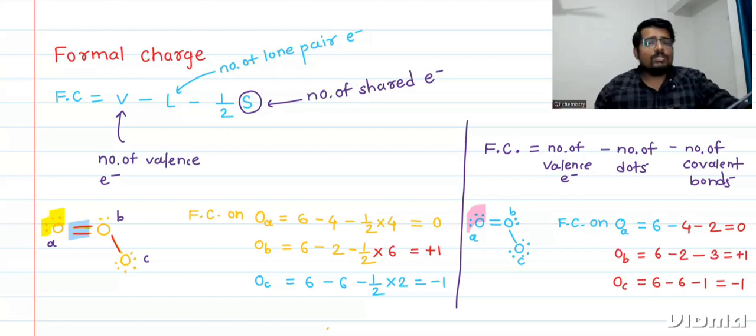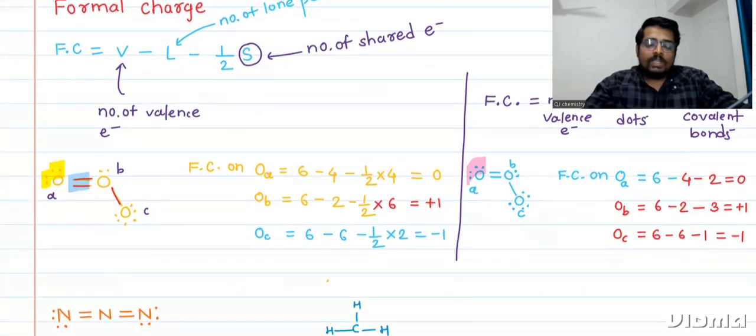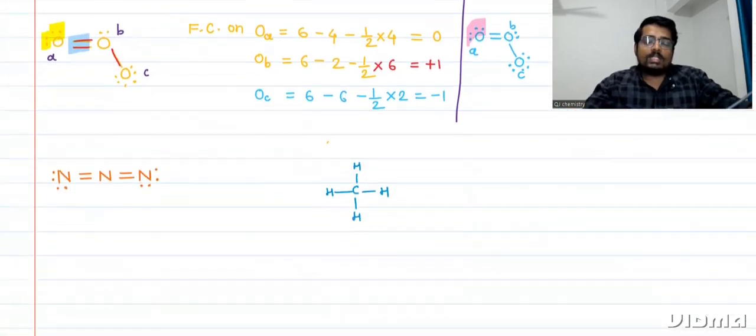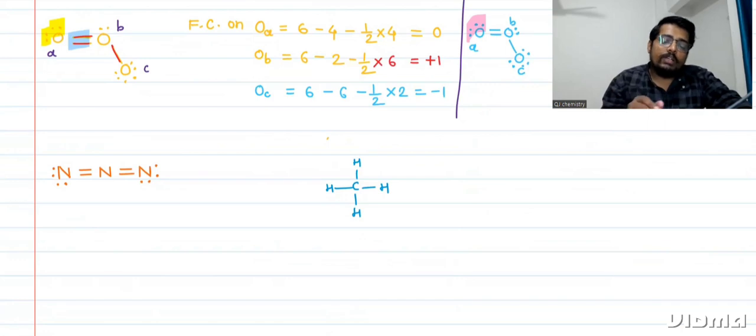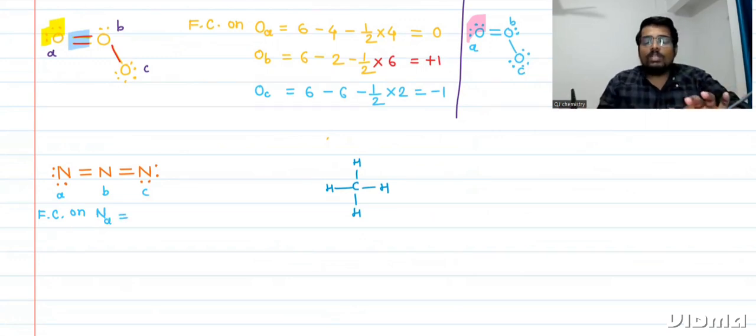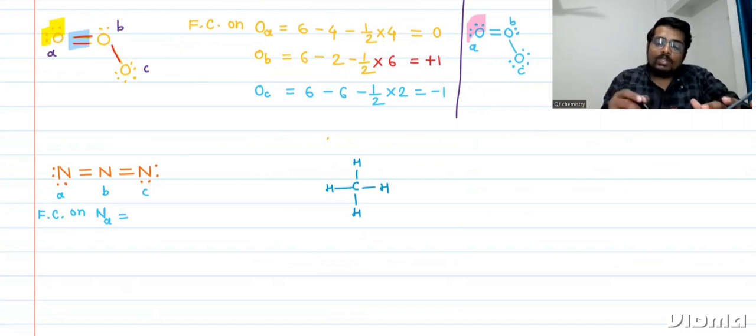So let us use the trick to calculate the formal charge of compounds. The first compound is given to us. Let us apply the trick to find the formal charge on nitrogen A, B, and C. The formal charge on nitrogen A, by using the trick: how many electrons are there in the valence shell of nitrogen A?